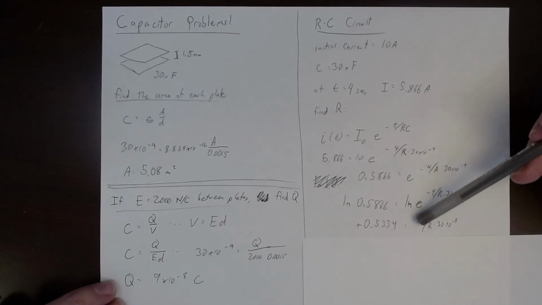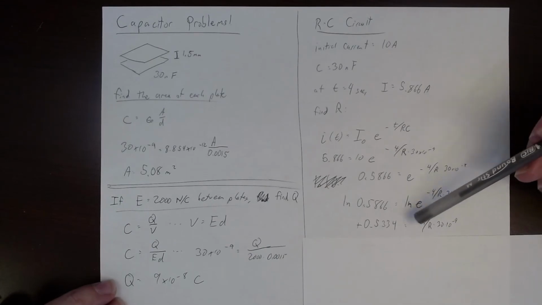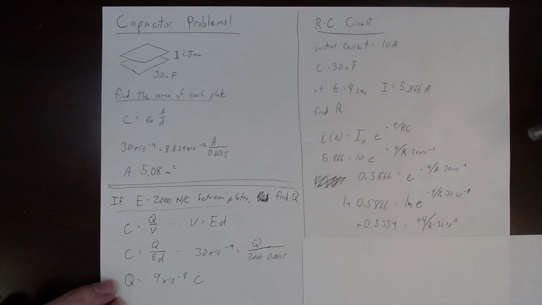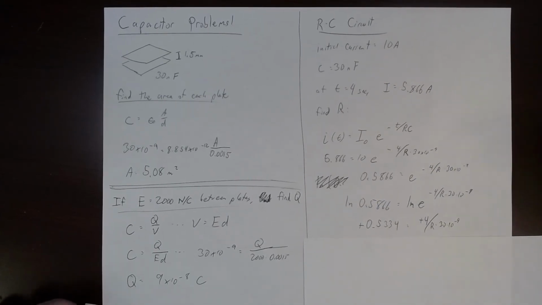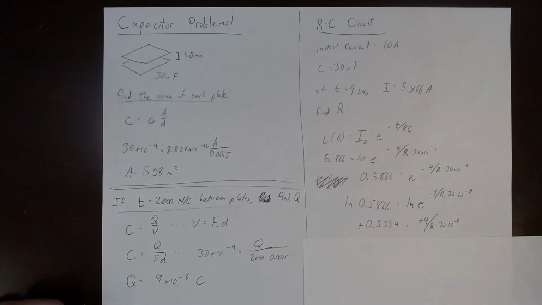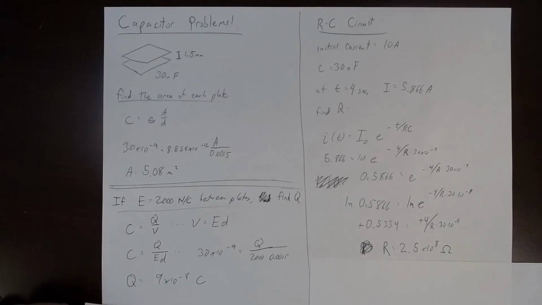So that would be minus 4 over r times c. The minus there and the minus there cancel out, and I already made them plus there and there. That will often happen in this kind of problem. You'll have two minus signs that you need to cancel out. And then it's just a normal problem. Then you can just solve for R normally. 2.5 times 10 to the 8 ohms.